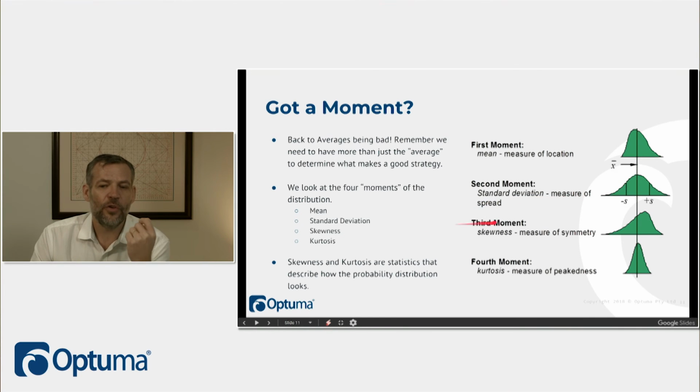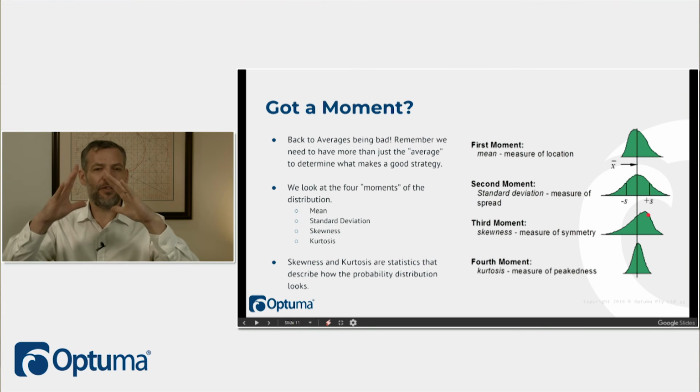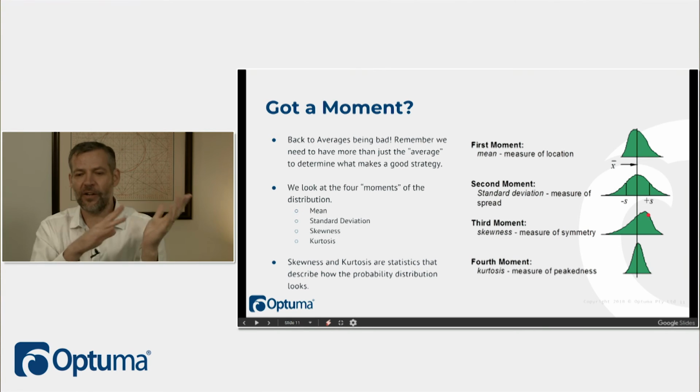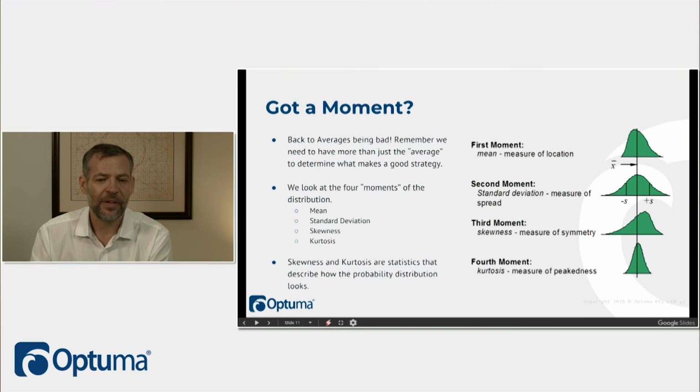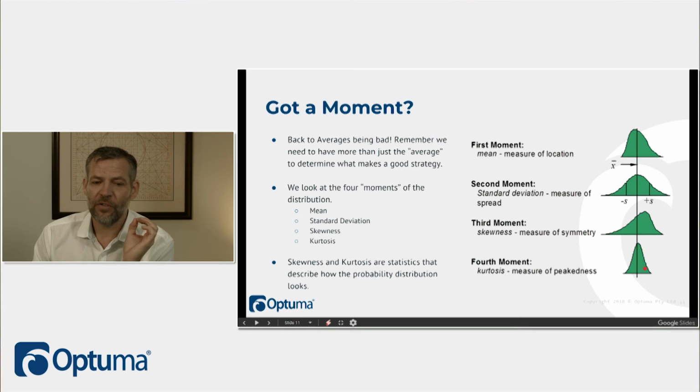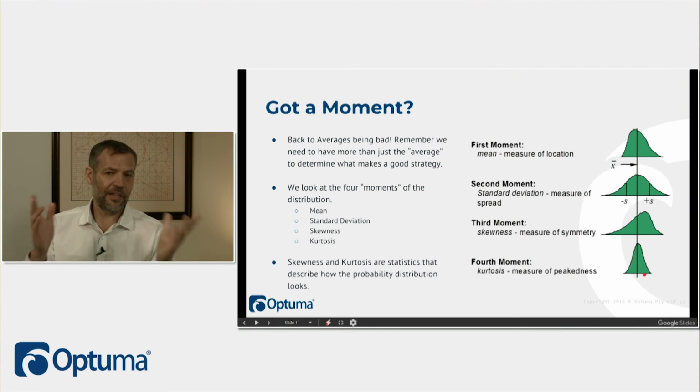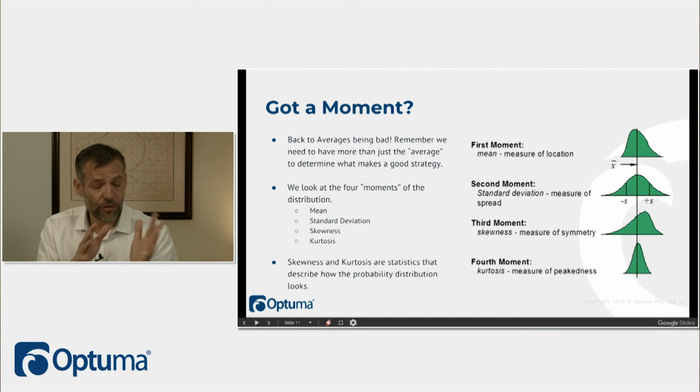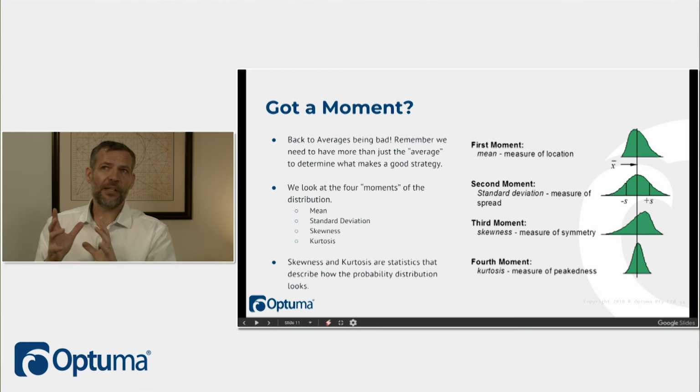And then we have skewness. Skewness tells us how uniform the shape is, or whether it is skewed to the side, either positive or negative. And then the fourth moment is kurtosis, and that tells us how peaked the measurement is. There's a little confusion about this, because a lot of people say kurtosis tells us how peaked the distribution is, and that's true, but that's more of a correlation.